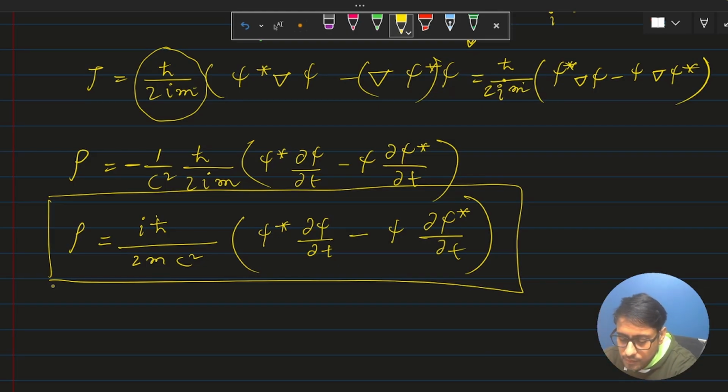So now we already compared the j, the current density, and this is almost the same for both cases.